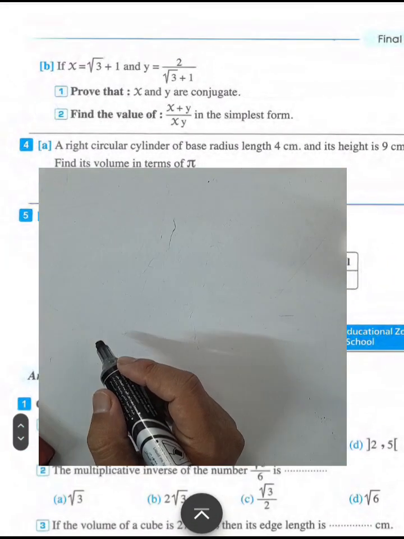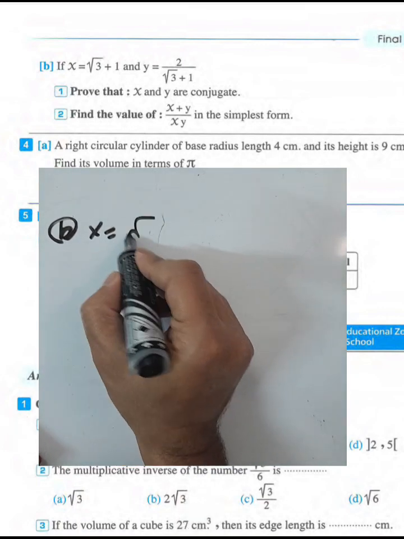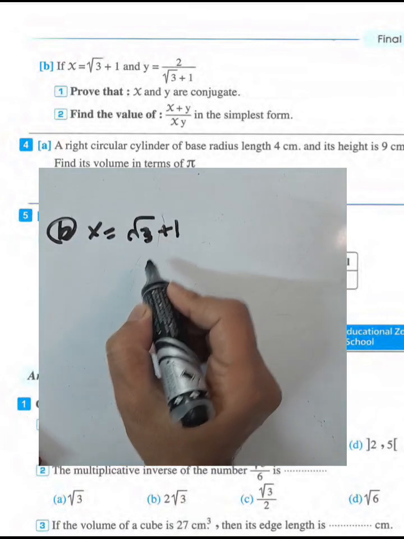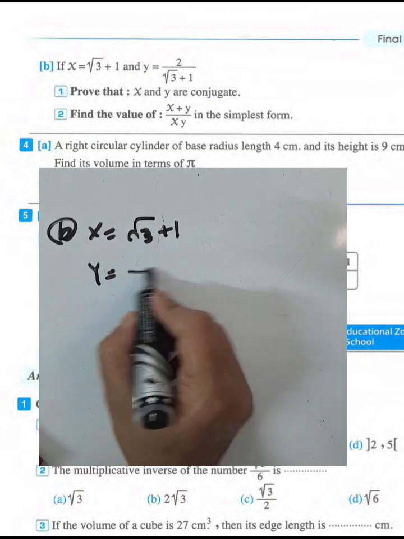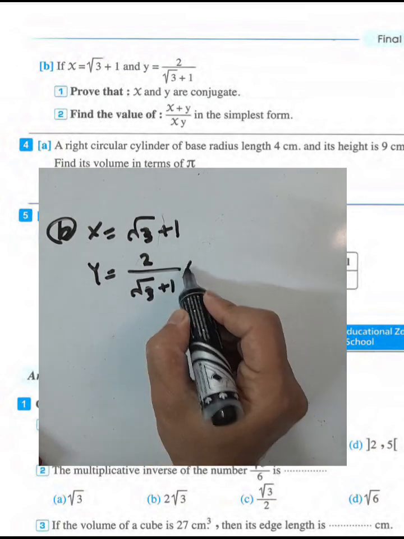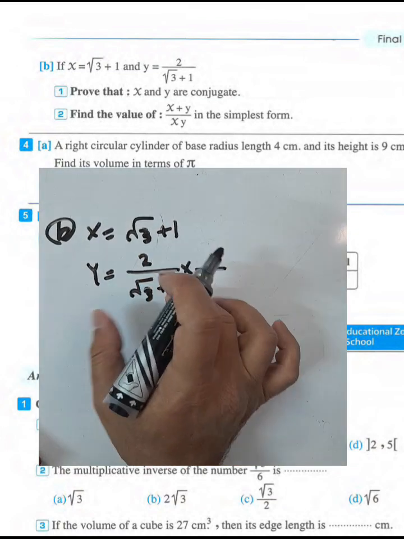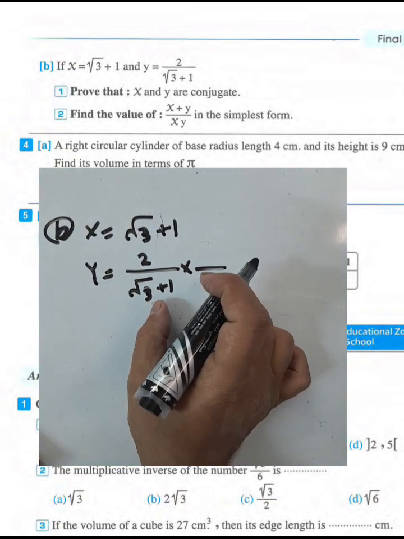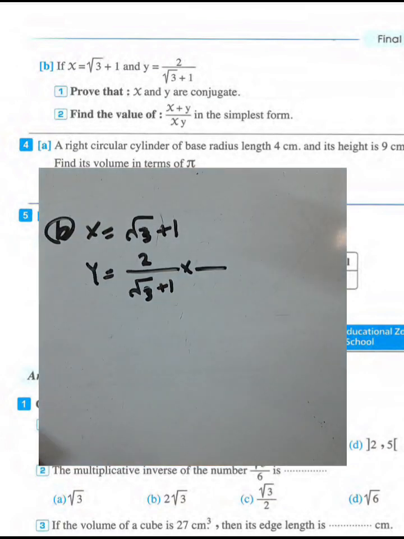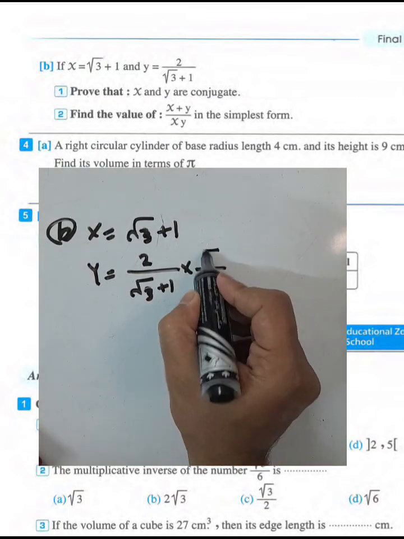Question letter B. We have x equal to root 3 plus 1 and y equal to 2 over root 3 plus 1. You can convert the denominator to whole numbers by multiplying the numerator and denominator by the conjugate of root 3 plus 1, which is root 3 minus 1.